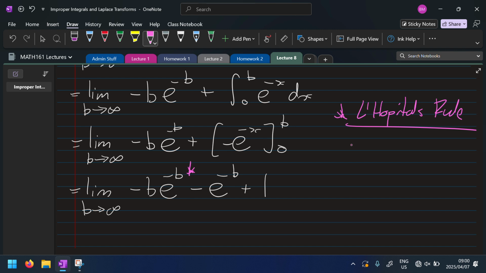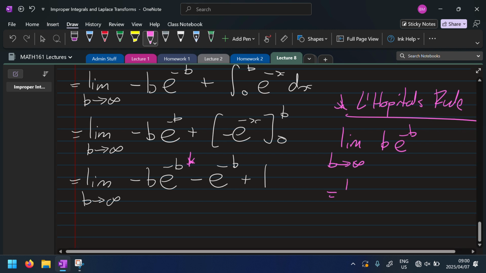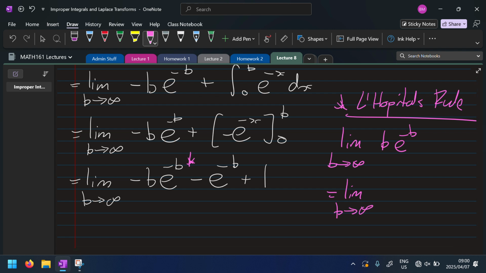So what do we want here? We want the limit as b goes to infinity. Let's leave out the minus. We don't have to worry about that. So let's just take b e to the minus b. The minus we can take outside of the limit. So this is going to be the limit as b goes to infinity, e to the minus b, we can put that in the bottom. So that will be b over e to the b.